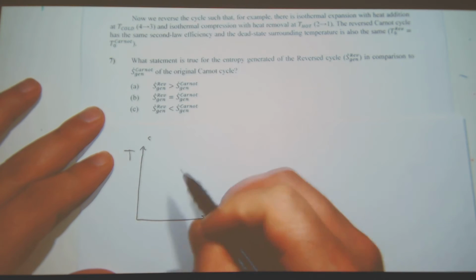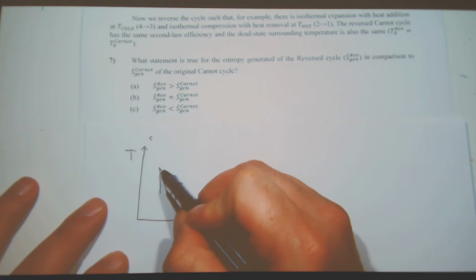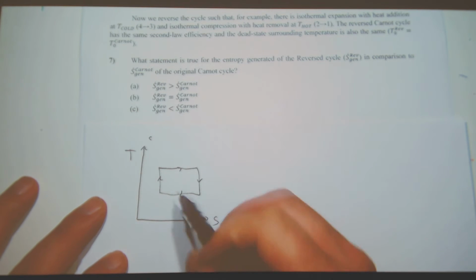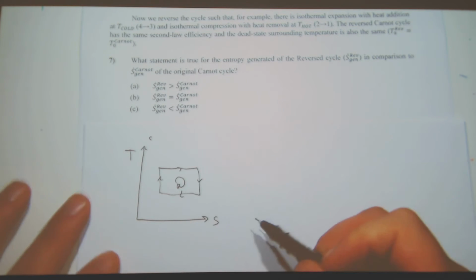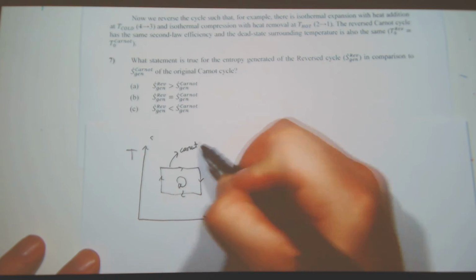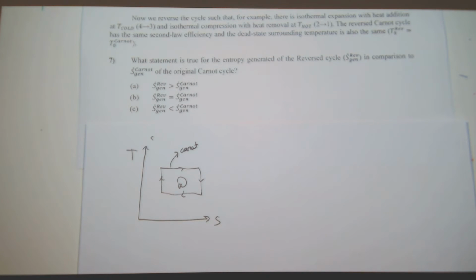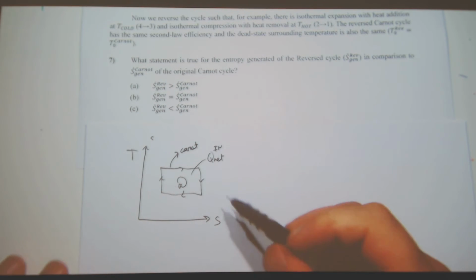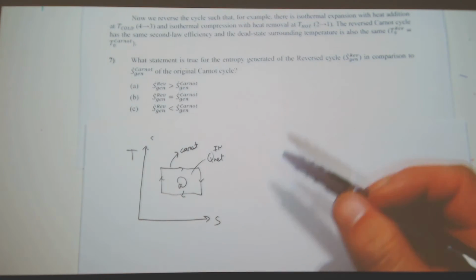In the Carnot cycle, I'm going to be quick with it, I have a square, and for the standard Carnot cycle, power producing, heat transfer between reservoirs, I have a TS diagram like that, and I know that this is Q net in, and the Carnot cycle is a reversible cycle.